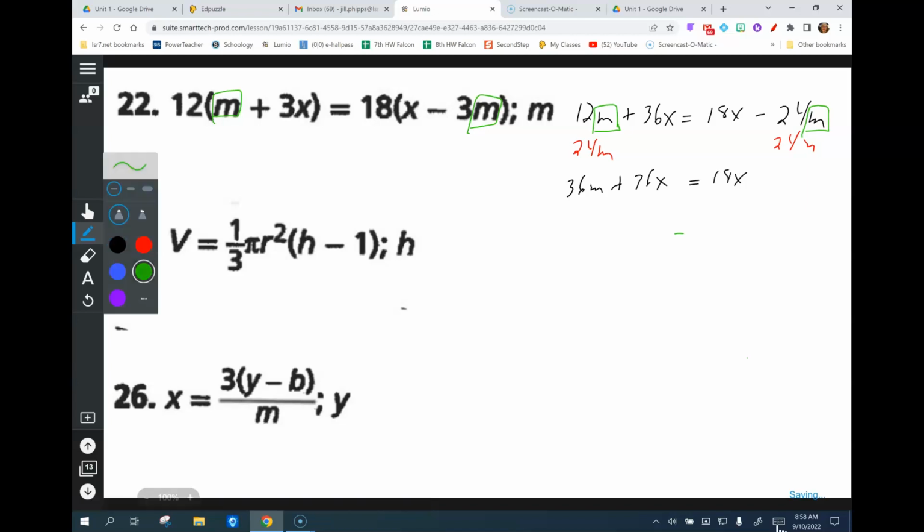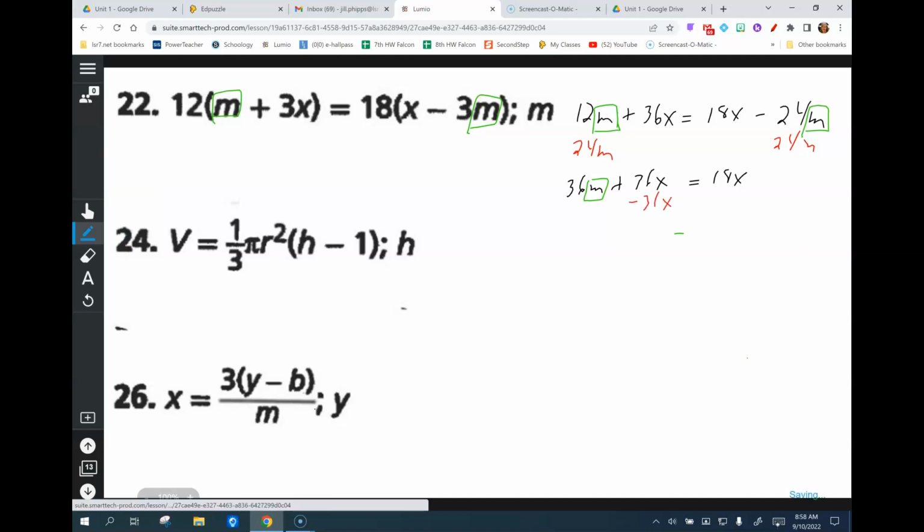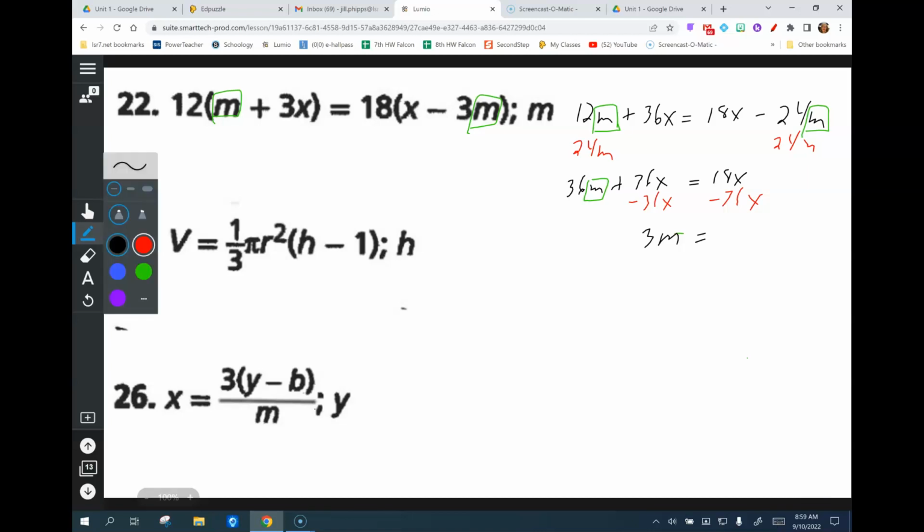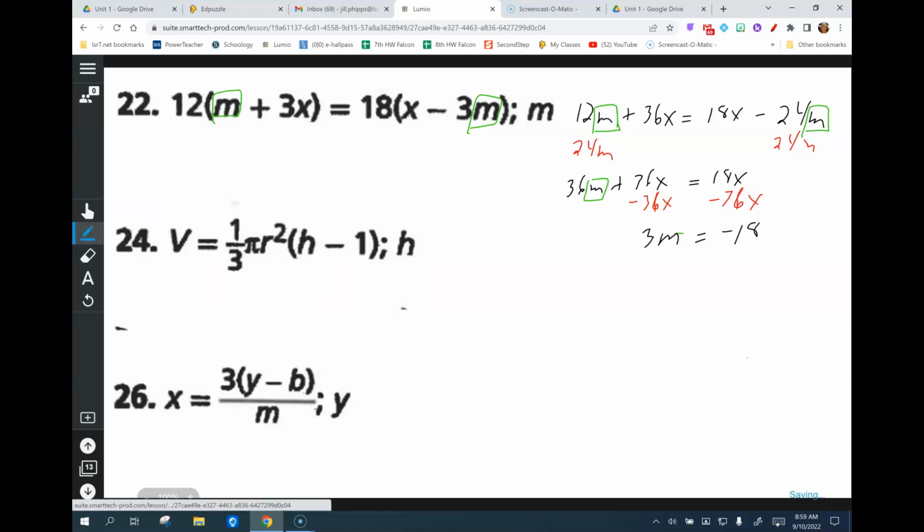What are we trying to get by itself? M. So we're going to isolate that m. So now let's move the 36x. So I subtract 36x from both sides. And I get 36m is equal to, what did I just write down there? Man, can't even read my own handwriting. That's a 36. Okay, so I'm going to add 18 and 36, and I come up with a negative 18x. Yes?